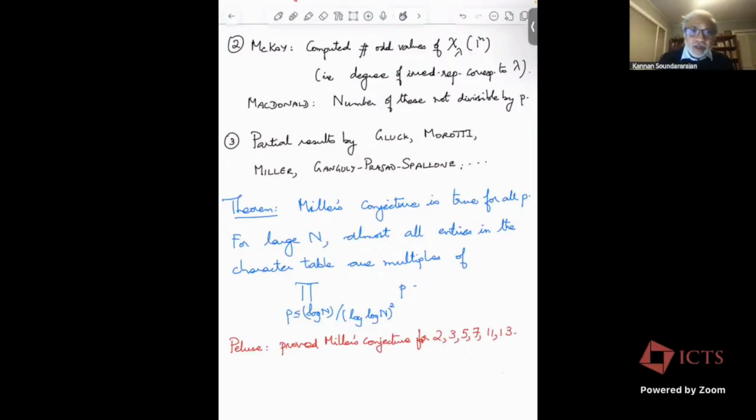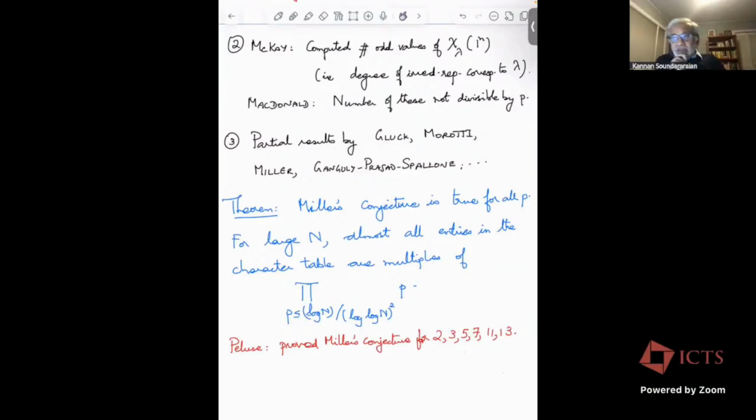And Macdonald did a similar calculation for the number of these that are multiples of any prime p. Then there were some partial results by a number of authors. These either could get some proportion of values being 0 mod p or 0 mod 2, or for certain particular kinds of irreducible representations or conjugacy classes, they could prove that the values were 0 mod p.